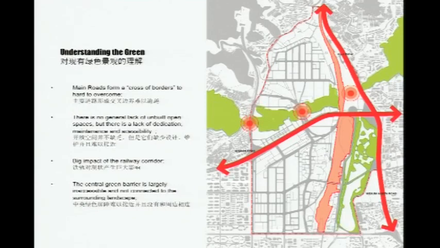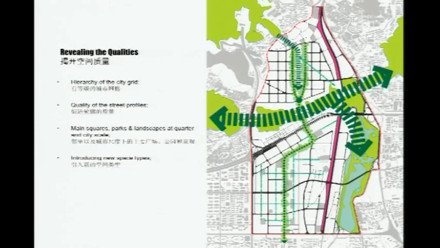There was an existing green belt, but through this infrastructure it is completely disconnected. You see the already existing traffic line, and this is the railway zone. We tried to focus on this connector and also build sub-centers within that green belt to provoke and investigate connectivity between both sides.